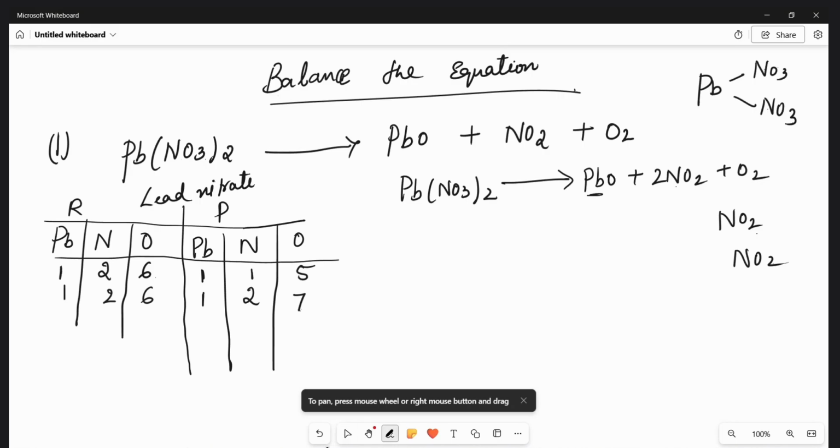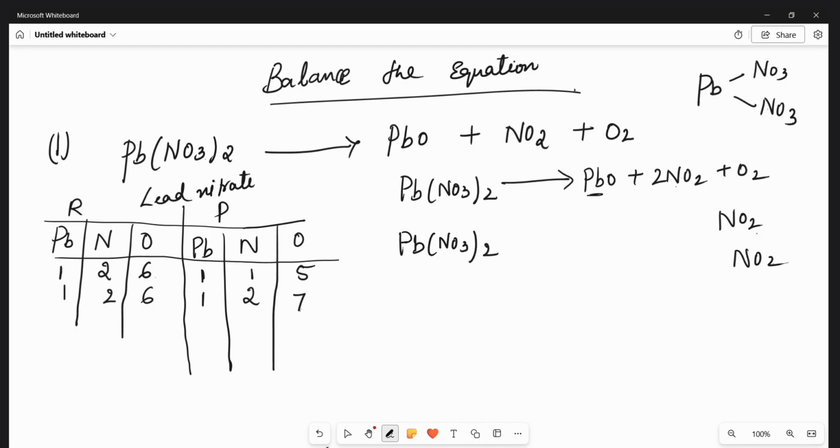2 PbO. So what will we get here? Pb(NO3)2 gives 2 PbO plus 2 NO2 plus O2. We have not changed anything in the reactant, so it will be 1, 2, 6 itself.